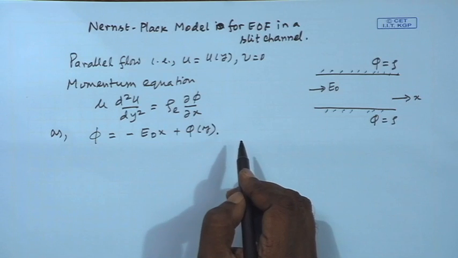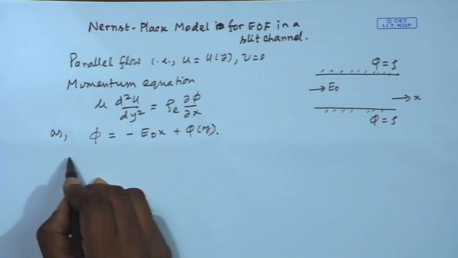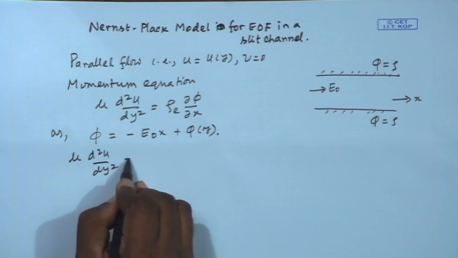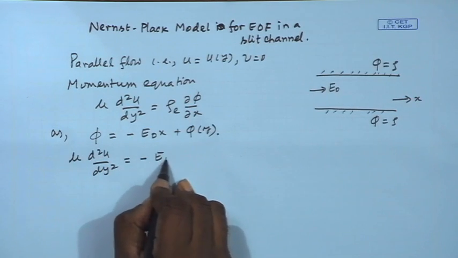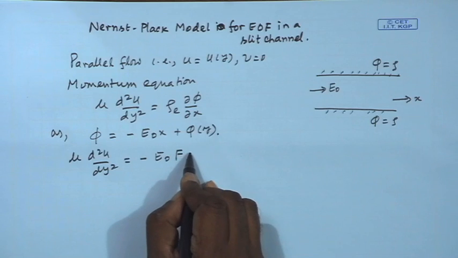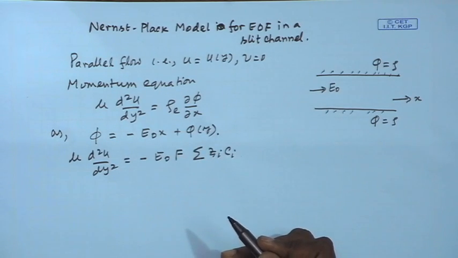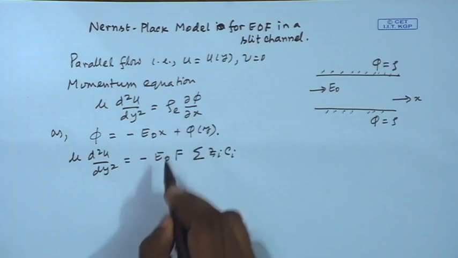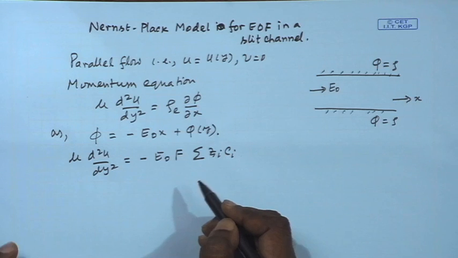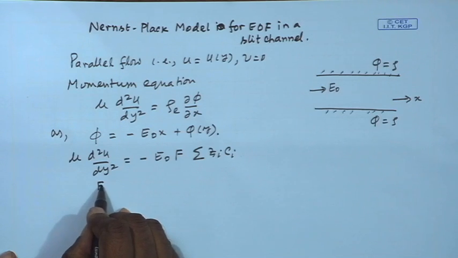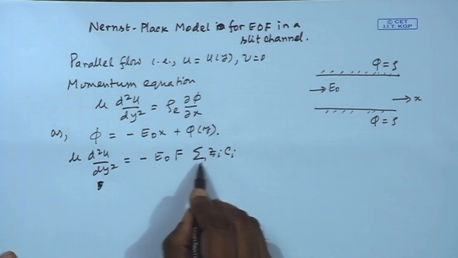So, with that, what we can write is mu d2u/dy2 equal to minus E0 F sigma_j z_j C_j, the rho_e. Del phi/del x gives you this minus E0. Now, for the simplicity, will come later on.